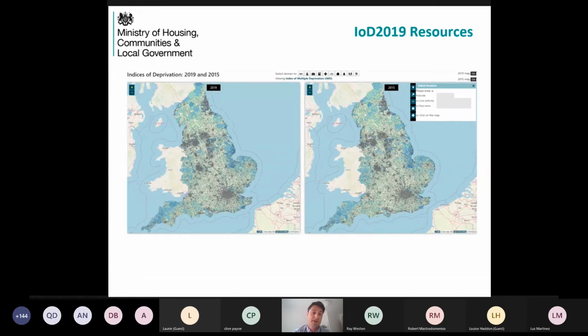And we're able to do that in 2019, so that's on the left-hand side, but also there's a relative comparison with the data produced in 2015. So it's really a useful tool, and going back to one of the previous slides about funding applications and uses, this is one of the key ways people access English data for sure. And at the very top there, you can see how you can break this down for the individual domains as well as the combined IMD measure. Next slide, please.